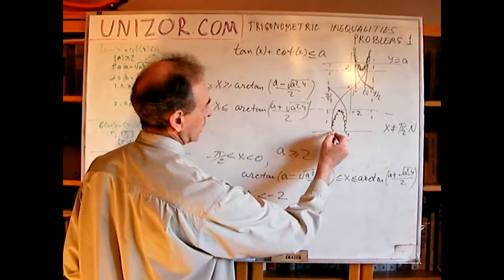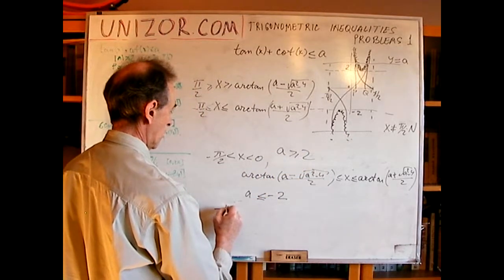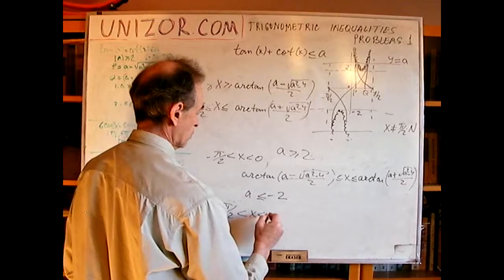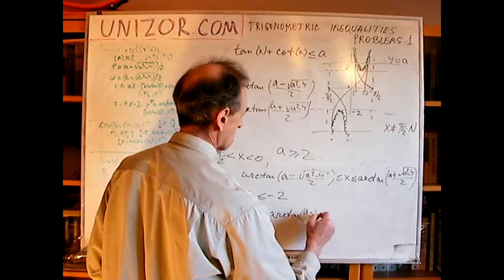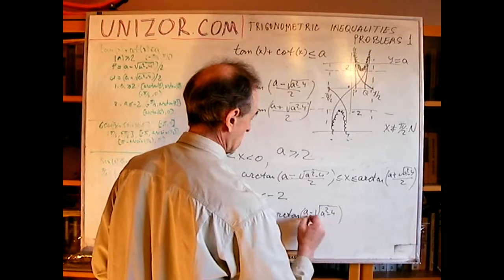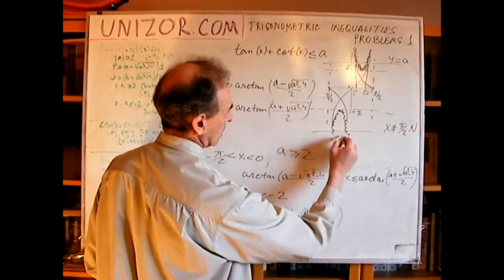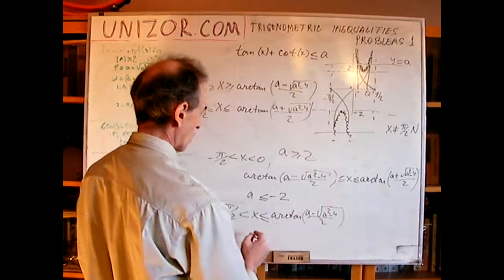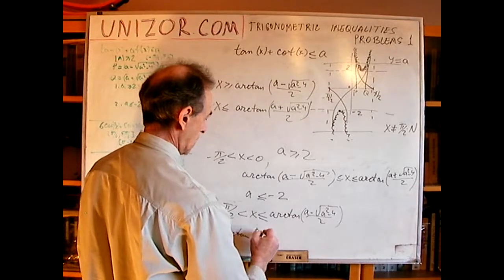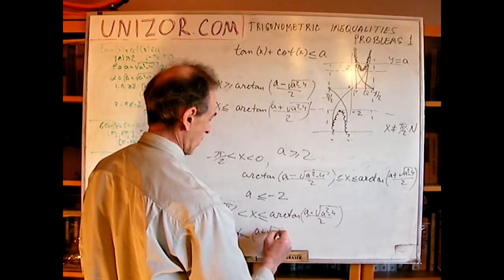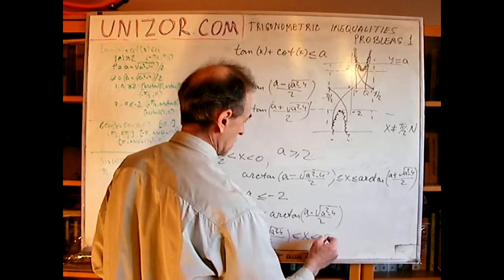The one from minus pi over 2, not including, to arctangent of this thing, and this piece from arctangent of a plus square root of a squared minus 4 over 2 to 0, not including 0.